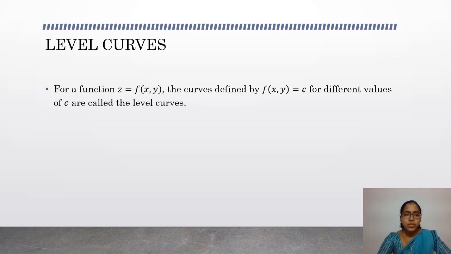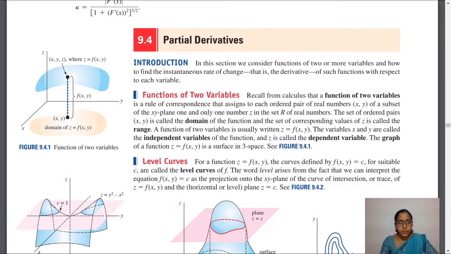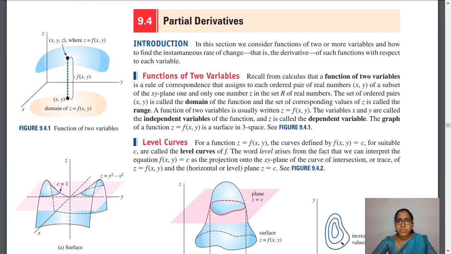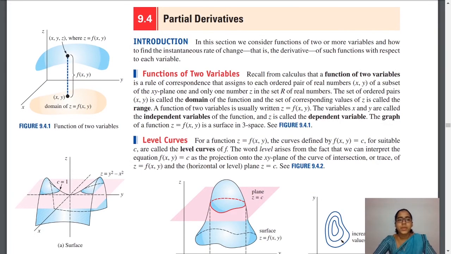In your textbook, we are given examples of level curves, so let us look at it. Figure 9.4.1 depicts the actual surface z equal to f of x, y, which is the blue colored portion, and the domain is the values of x and y.